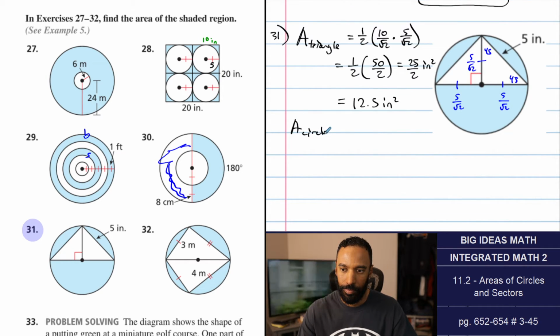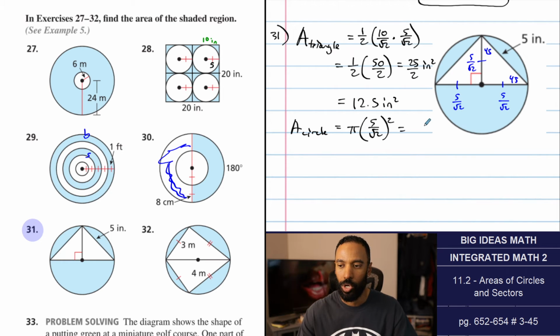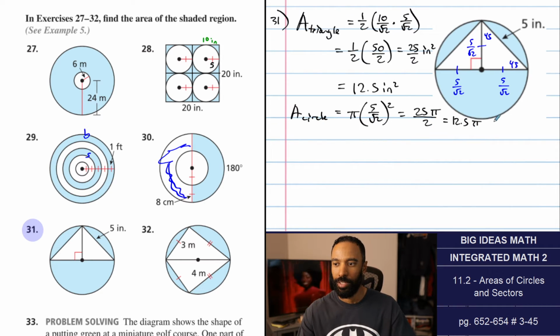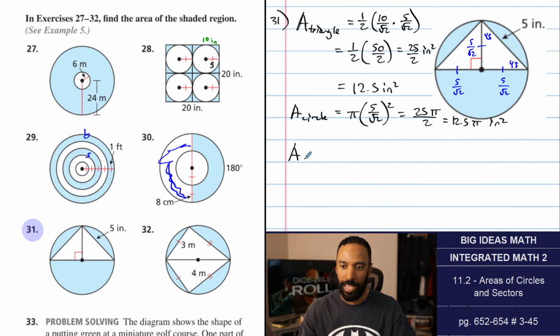The area of the circle is pi times the radius, 5 over root 2, this is why I said this is going to be fine, squared, which is 25 pi over 2, or 12.5 pi. So the area of the shaded, or the blue, is going to be 12.5 pi minus 12.5.